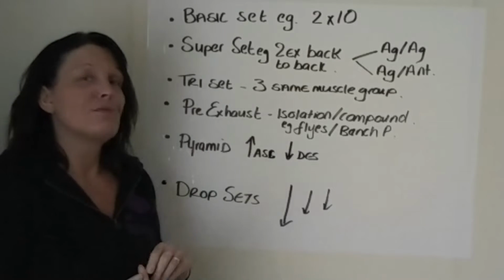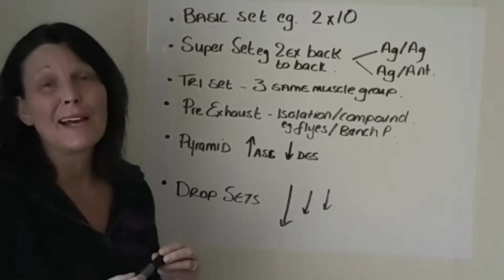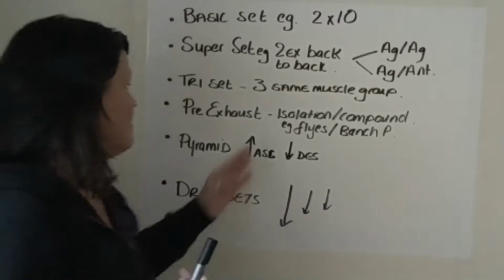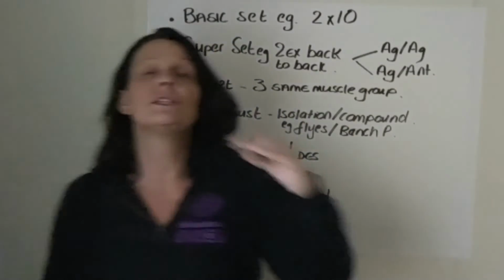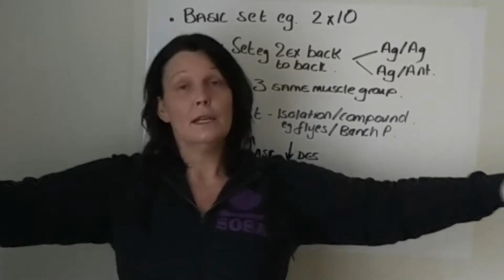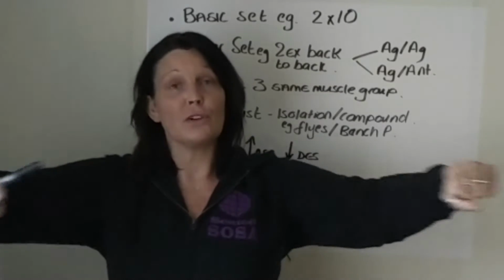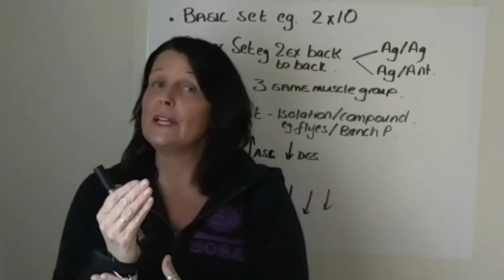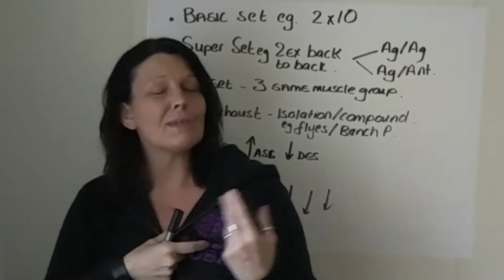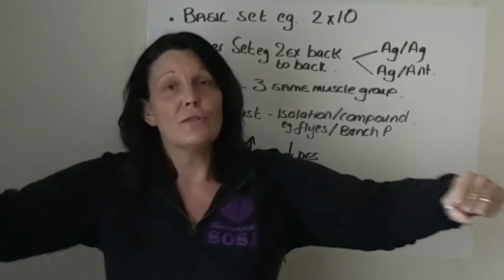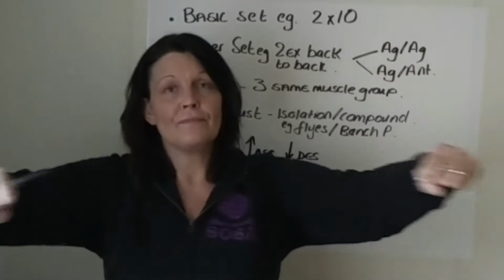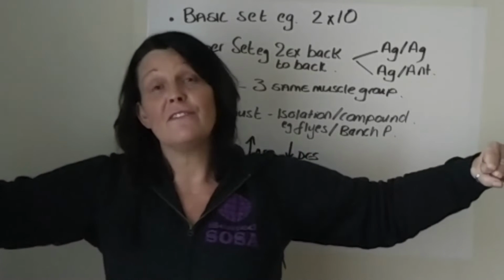Pre-exhaust is in here. So pre-exhaust is isolation followed by compound. If we just imagine that one, if we did a pec fly, so isolation is where there's only one joint moving. So if there's only one joint moving, there's only really one main muscle group that's actually doing that work. So if we think about the pec fly, we do that to failure.